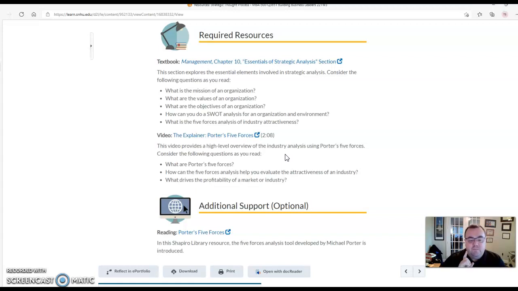This is probably the most important thing for your project 1. It's called Porter's 5 Forces. Michael Porter, he's a Harvard professor. I want this worked into the paper. Clear and simple. It's got to be in the paper somehow, some way. He publishes several books.